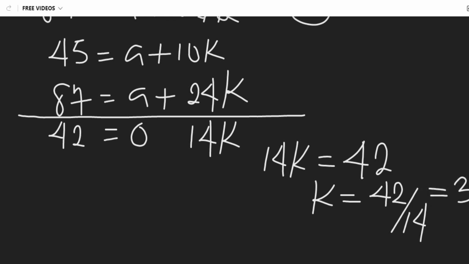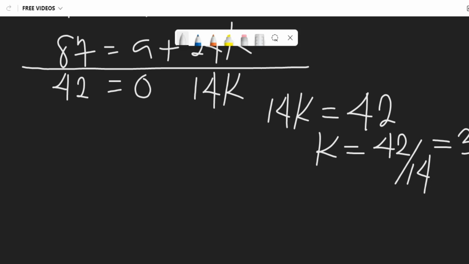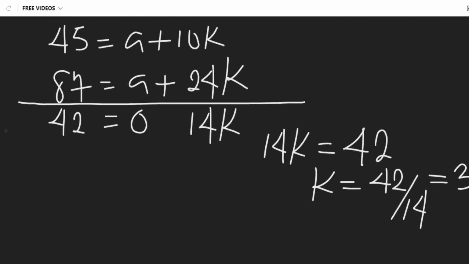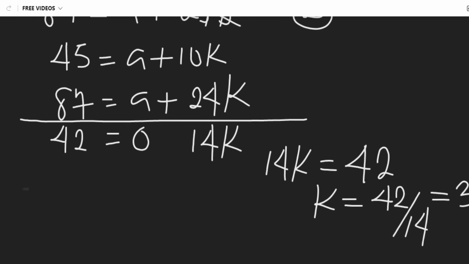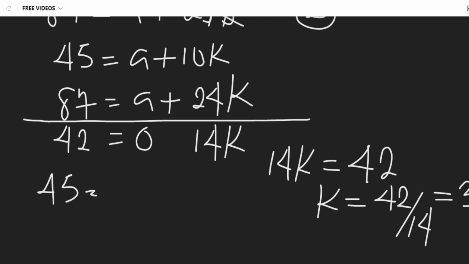So the first constant we have is 3. The next thing we will do is substitute the value of k, which is equal to 3, into any of these equations in order to find the value of a. So let's take 45 equal to a plus 10k.